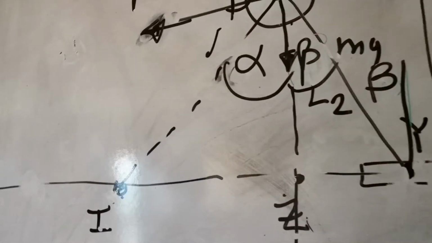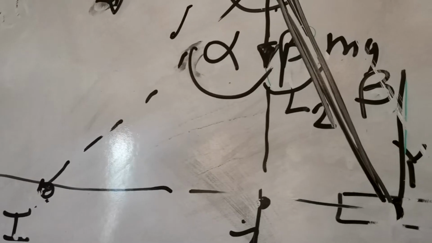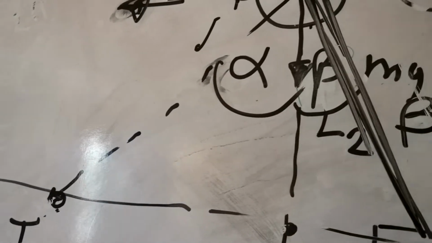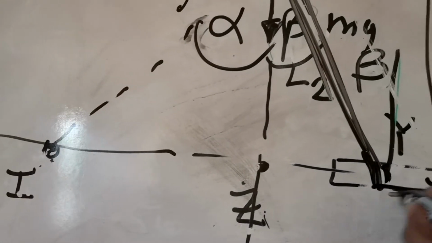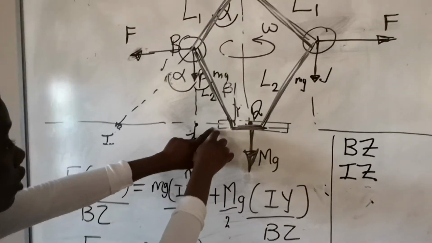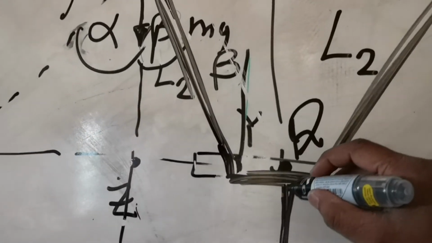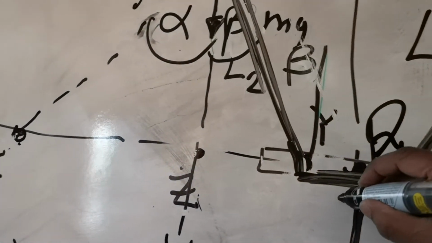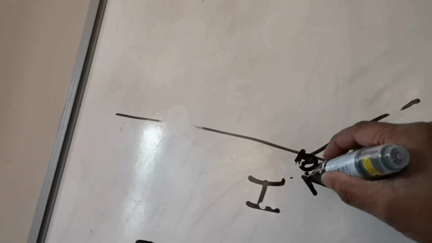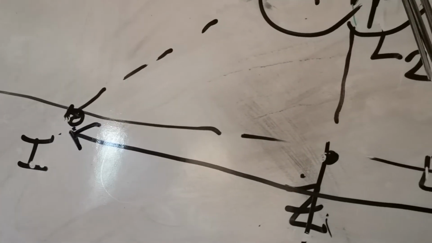No, this is just a rod. Isn't this a plate? Yeah, that's a plate, and it's in the middle of the plate. So the force is coming over here, and I need this distance. I don't need this distance.